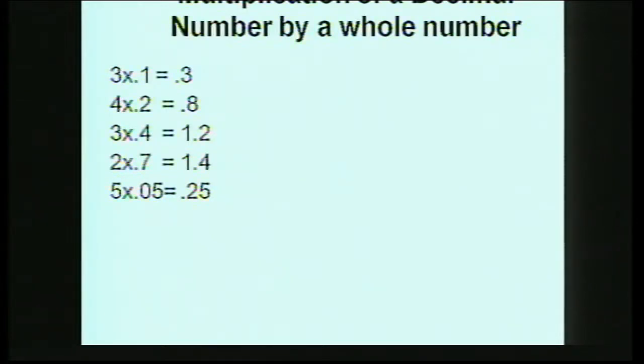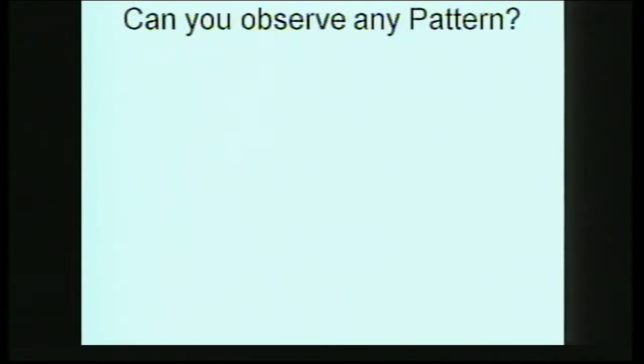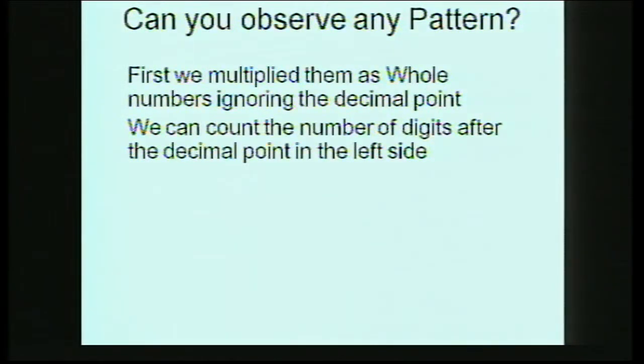Therefore, what can we conclude from this pattern? We can conclude that first we multiply both numbers by treating them as whole numbers, ignoring the decimal point. That is the first step. After that, what to do? You need to see the left side: how many digits are there after the decimal point.